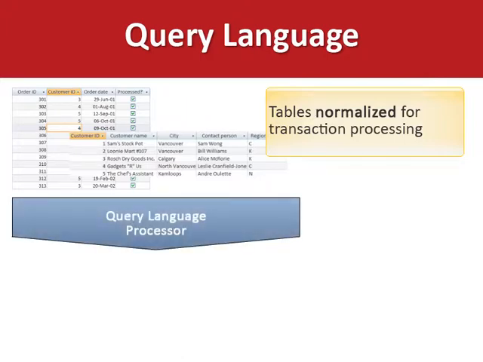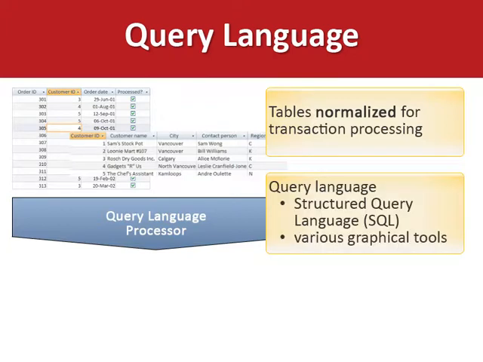Typically, the most common of these is what's called structured query language, or SQL, doesn't really matter. Although increasingly, a lot of tools have graphical query languages. These vary by software product like Tableau or Microsoft Access or even SAS, but they're all very similar. Structured query language, on the other hand, has the virtue of being highly standardized.